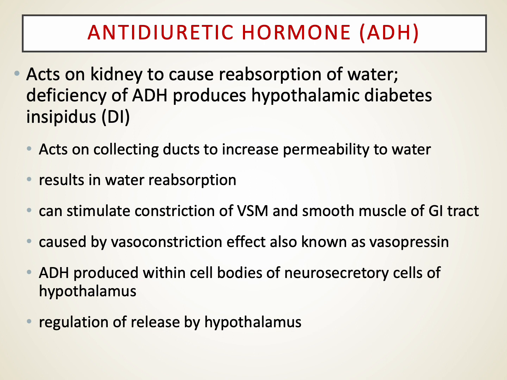Antidiuretic hormone is normally produced in the neurosecretory cells of the hypothalamus, and the regulation of release is by the hypothalamus. So when there's either too little or too much ADH secretion, too little is diabetes insipidus, and too much antidiuretic hormone is known as the syndrome of inappropriate secretion of ADH.